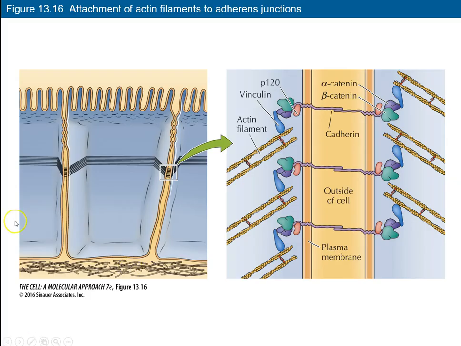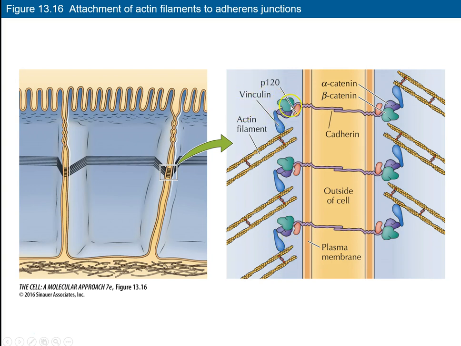So if you look here, here's an epithelial cell and here's another epithelial cell, all lined up next to each other, and they have to be joined together to form this sheet-like tissue. Here we're zooming in on one of these junctions. You can see the two plasma membranes, one cell and the second cell. And this is actin filaments, the actin cytoskeleton really close to the plasma membrane.